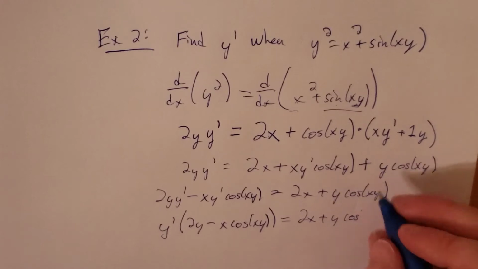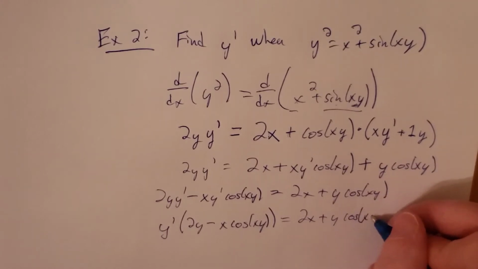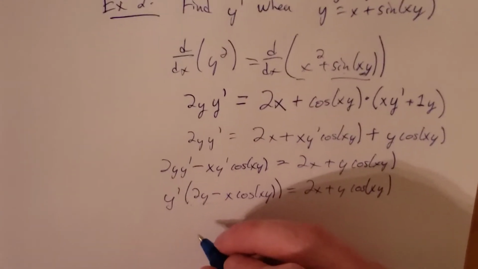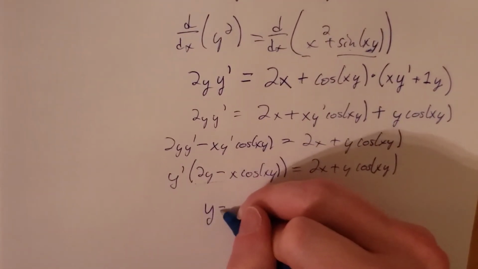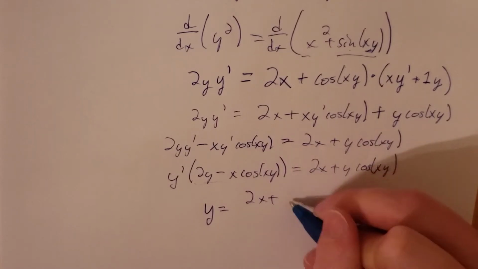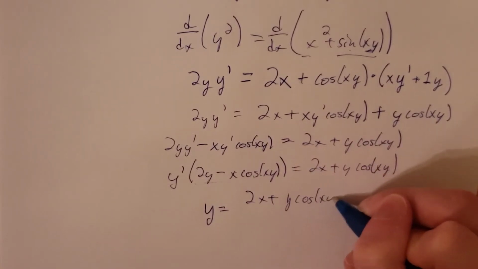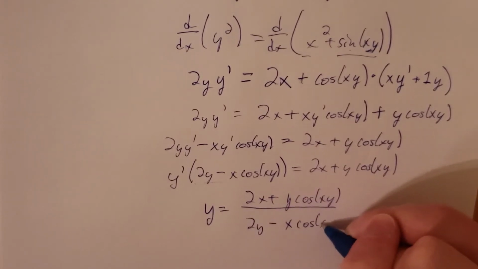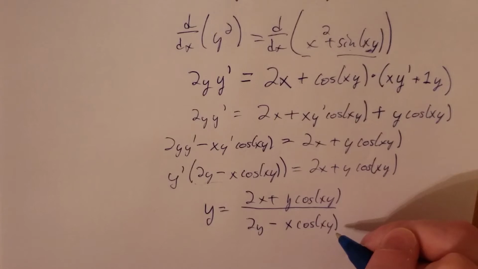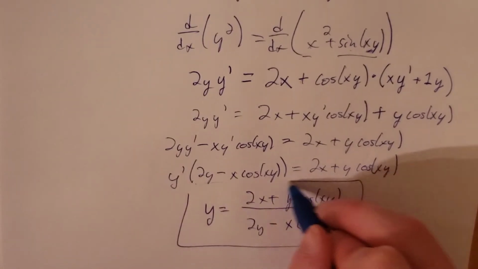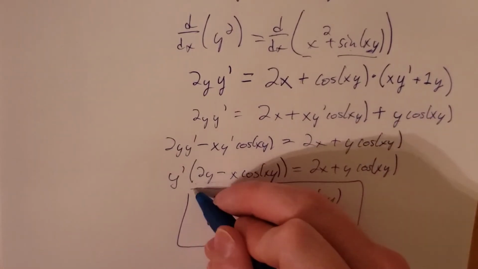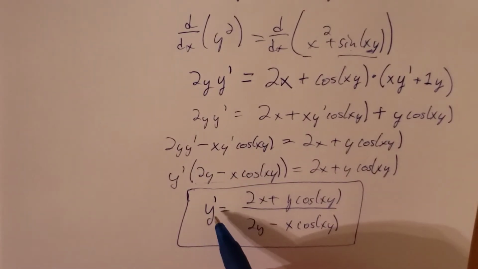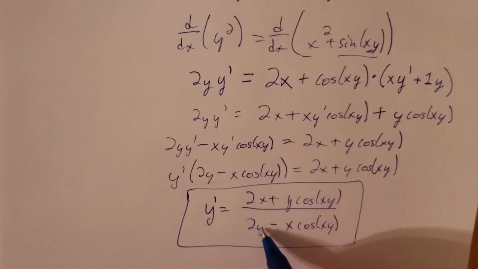This is equal to 2x plus y cosine of xy, and then we can divide by all of this to solve for y prime. So we get y prime is equal to 2x plus y cosine of xy divided by 2y minus x cosine of xy. And that is our solution, where y prime is in terms of both x and y here.